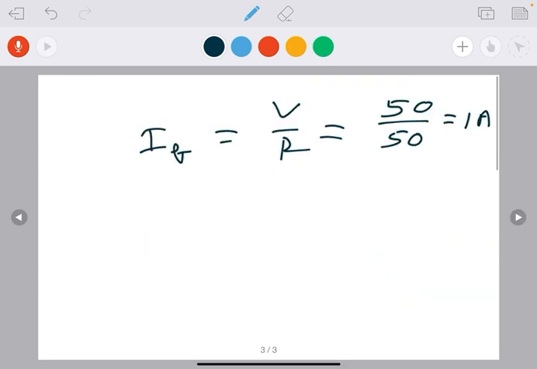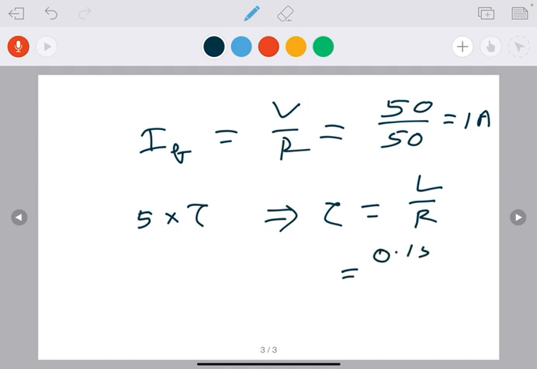So that will be 5 times tau, and tau is the time constant, and time constant for an RL circuit is given by L over R. So again, L is 0.150 Henry, because it's millihenry, and then this is 50.